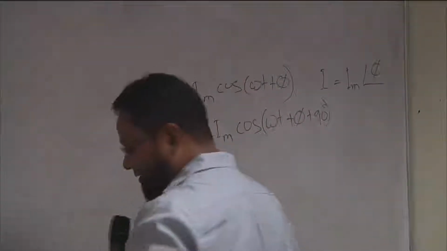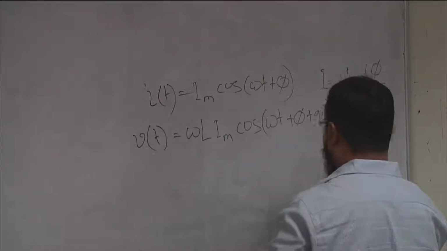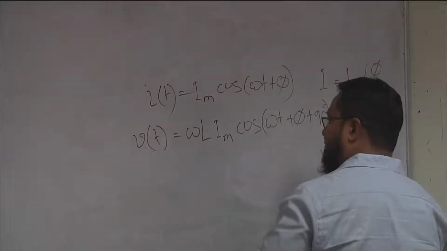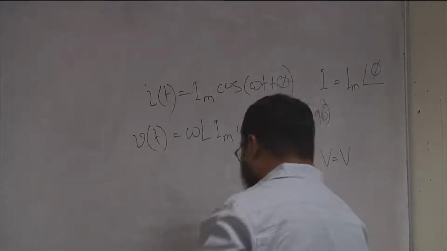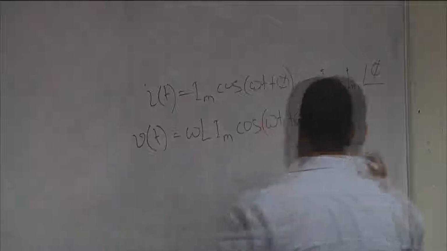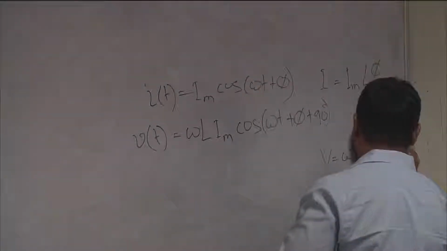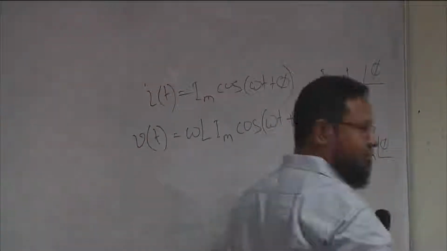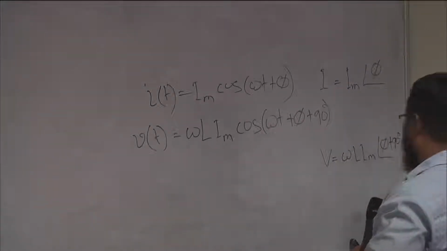Okay, let's go for the impedance. In phasor domain, we can write this as V is equal to omega L Im with an angle of what? Tell me. Phi plus 90 degrees, right? Great.